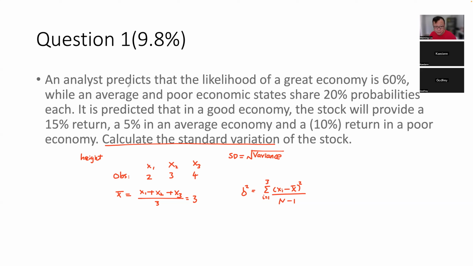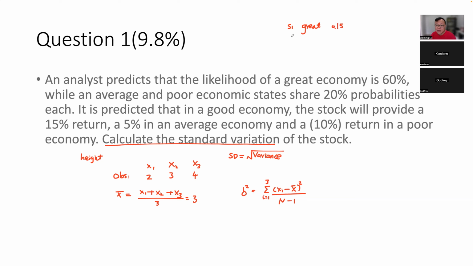In this situation, we are saying that the economy has different states. State one would be, let's say, great. So if the economy state is great, so in a good economy, you're going to have a 15% return.